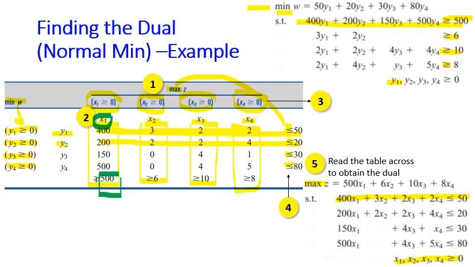Ignore the signs in the primal constraints, and just read it. 500 times x1, 6 times x2, 10 times x3 plus 8 times x4. Okay, so we have obtained the dual problem, which is a maximization, the dual problem of the given primal problem.